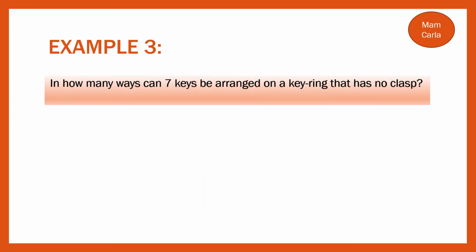Let us deal with this example. In how many ways can 7 keys be arranged on a keyring that has no clasp? So for the solution, the value of n is 7. So we will be using here the formula, the quantity of n minus 1 factorial over 2, since the keyring has no clasp.